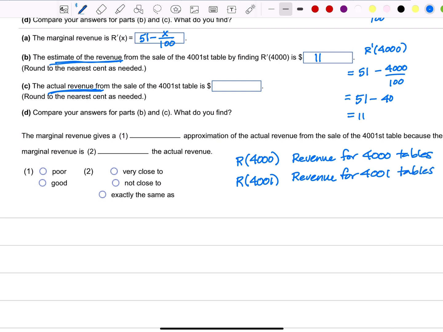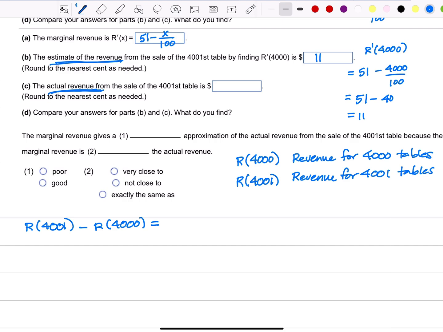But we just want to know the 4,001st table. So we have to find R of 4,001 and take away R of 4,000. So we're going to subtract out everything we made on the first 4,000, and that'll leave us just what's left for the 4,001st table. Now, we're not talking about the marginal revenue now. We're talking about the actual revenue.